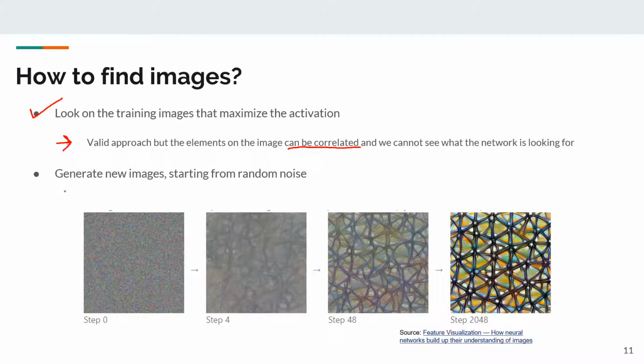For example, if images that yield a high activation of a certain channel show a dog and a tennis ball, we don't know whether the neural network looks at the dog, the tennis ball, or maybe at both. The other approach is to generate new images, starting from random noise, to obtain meaningful visualizations. There are usually constraints on the image, for example, that only small changes are allowed.